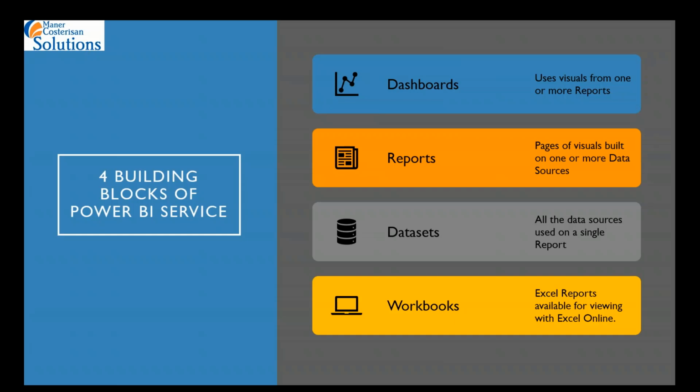And then anything in that data set we can build reports off of, which is the next one up, the orange one. Reports look a lot like a dashboard because they're all visualization pages. The biggest difference between reports and dashboards, there are two, but for me is the interactive capability, and I'm going to show you that today.